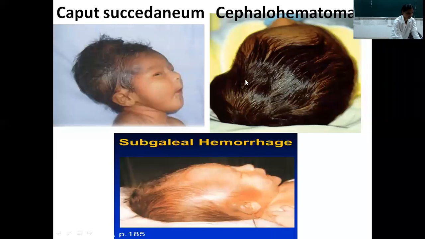And the second picture, you see, it is confined. It is not a generalized swelling. So it gives the shape of that particular bone. So what is this condition called? Cephalohematoma. Whereas the subgaleal hemorrhage is a generalized swelling. So it occupies the entire area of the subgaleal space. Subgaleal means beneath the epicranial aponeurosis.